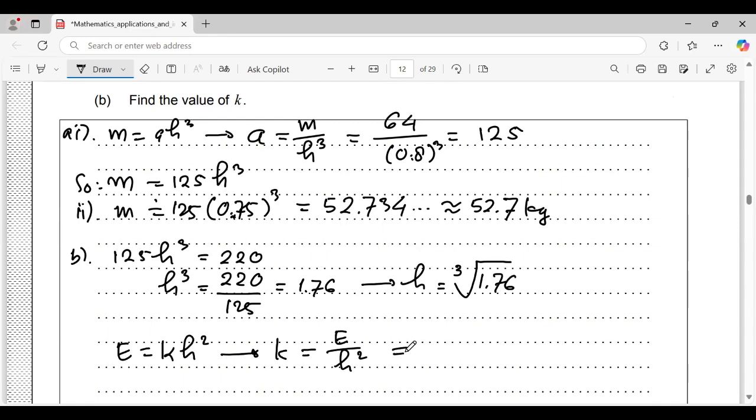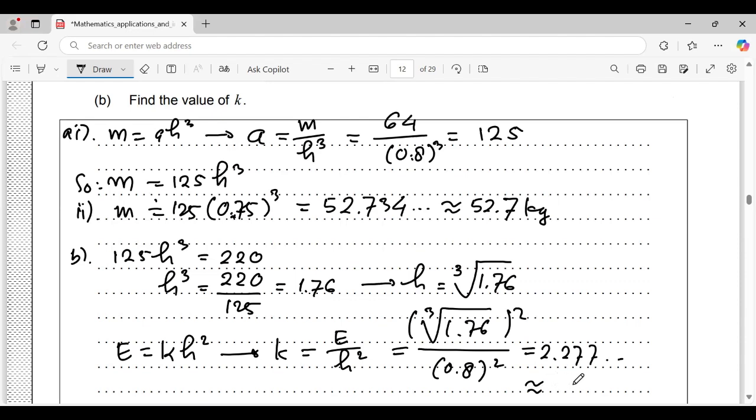So if we substitute the numbers, it is the cube root of 1.76, squared, over 0.8 squared, and the result is 2.277. Round off becomes 2.28. That is k.